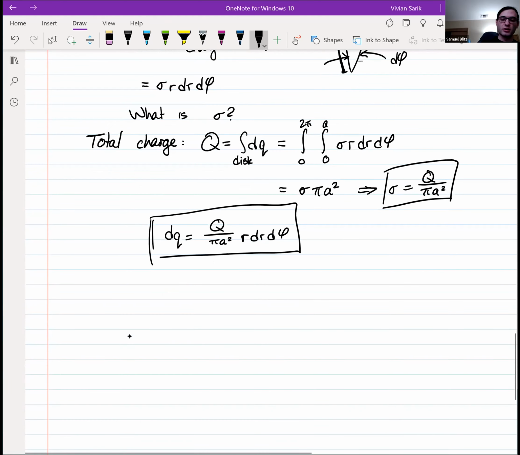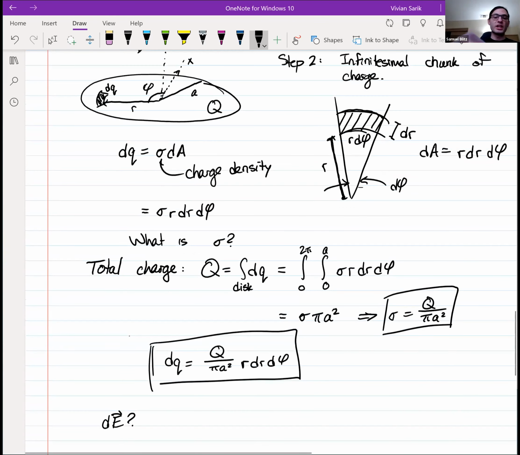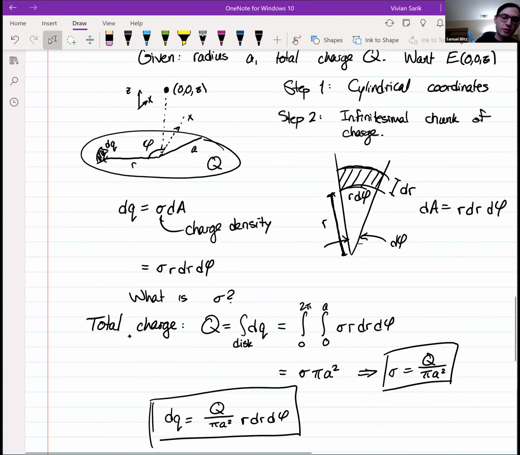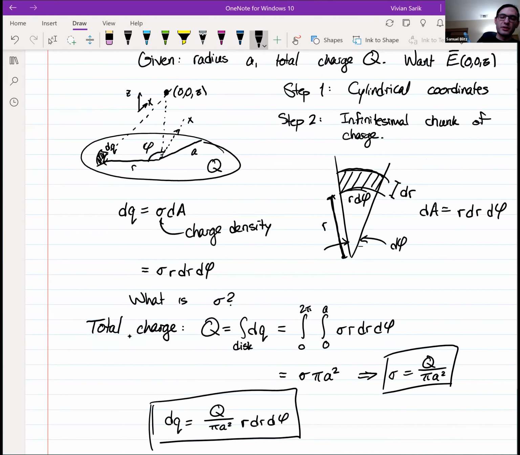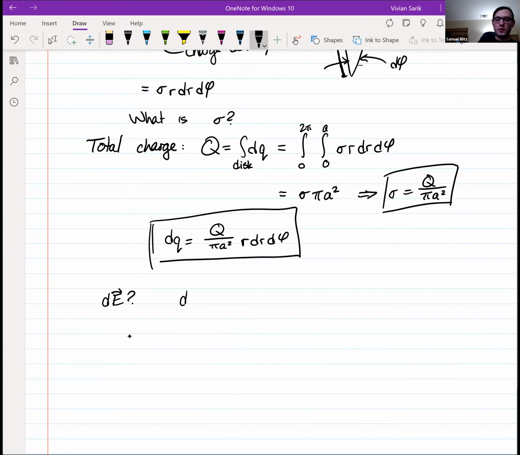So what about dE? The small chunk of electric field that we get from that amount of charge, i.e. the electric field from that charge, would point something like that. How much is it? What direction does it point in? So dE, the starting formula is the same. It's just k times dq divided by R squared, and I'm going to tell you what these things mean in a minute.